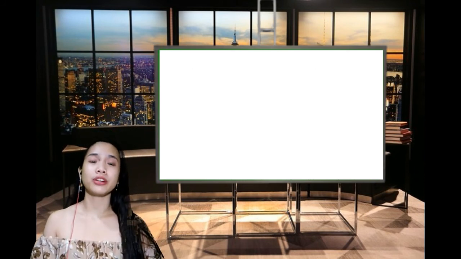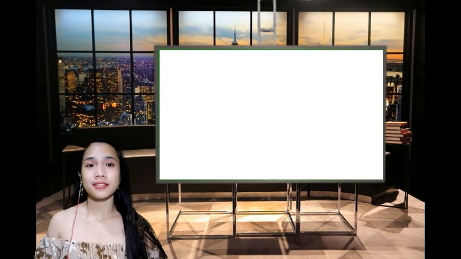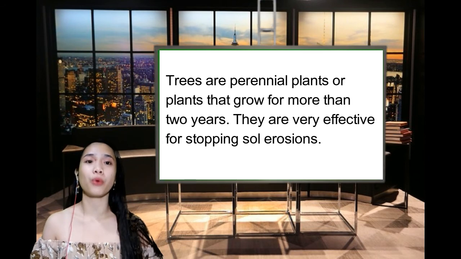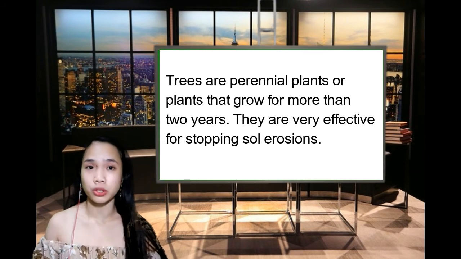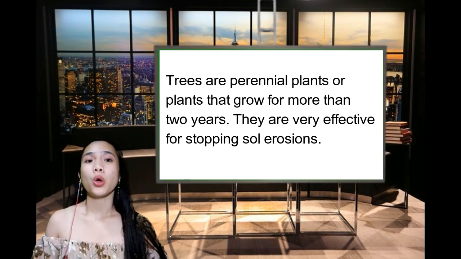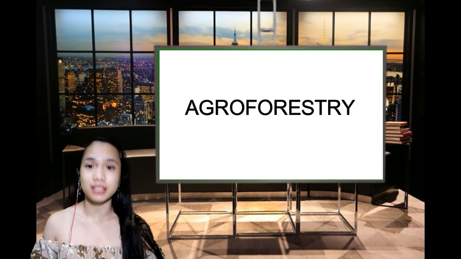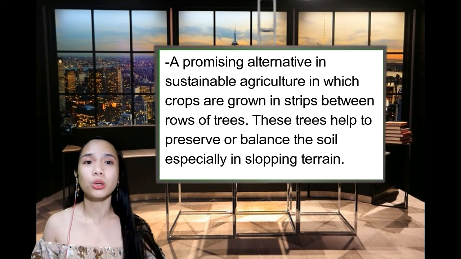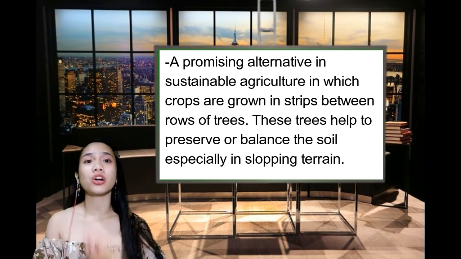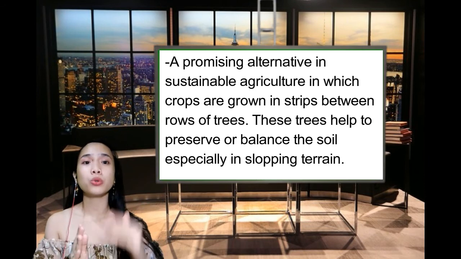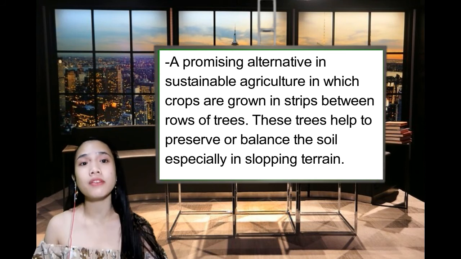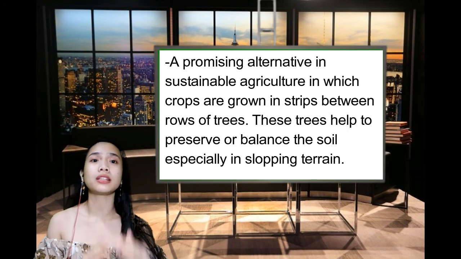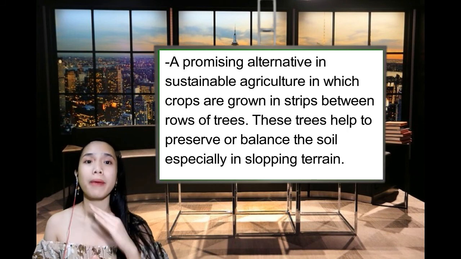So we have learned from many challenges that nature has given us that trees are very effective for stopping soil erosion. So with that in mind, nagkaroon tayo ng agroforestry, or the promising alternative in sustainable agriculture, na nagpa-plant ka ng crops in between rows of trees to preserve and balance the soil, especially kung nagtatanim ka sa slope area.